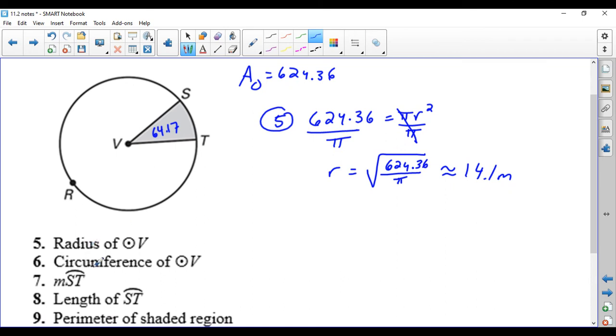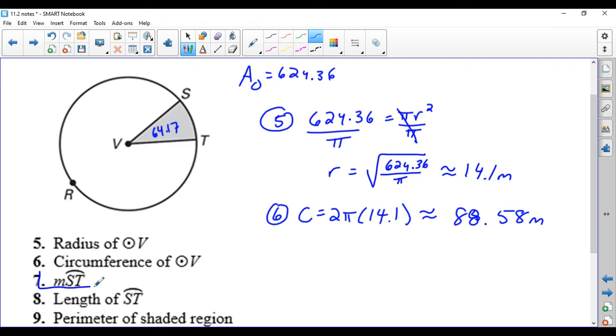Now I'm going to use that radius to find the circumference. The circumference of the circle is 2 pi r. When I put that all in my calculator, I get approximately 88.58 meters.